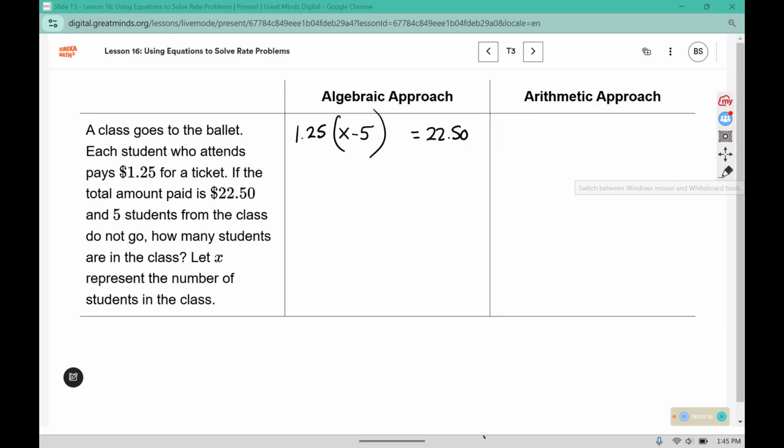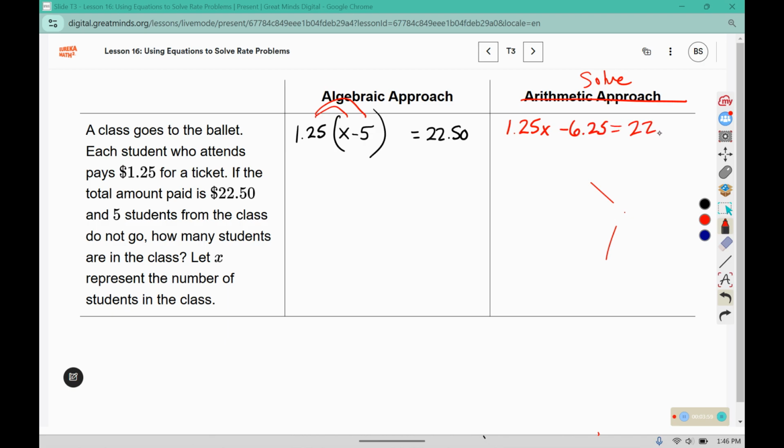So to solve it, we are going to distribute. So we'll do $1.25 times X and $1.25 times 5. That gives us 1.25X. And then that negative 5 times $1.25 is a negative 6.25. So in order to solve this, we're going to move the numbers to the same side.